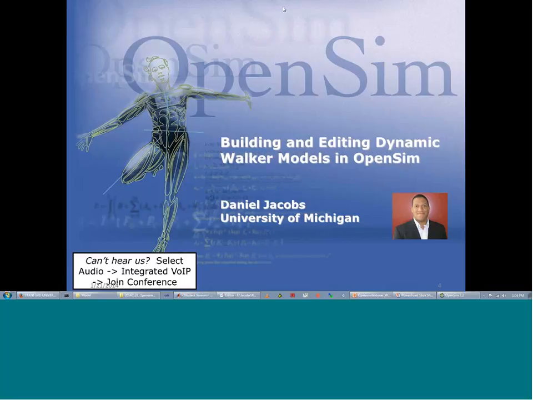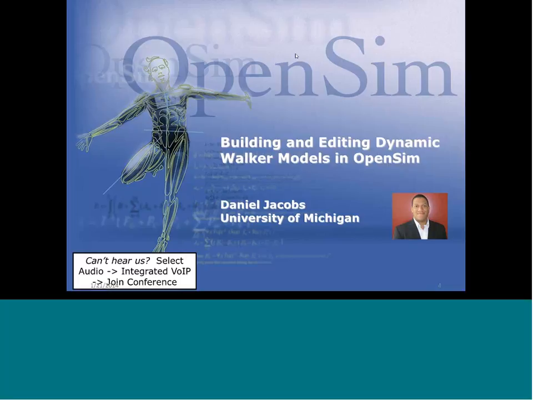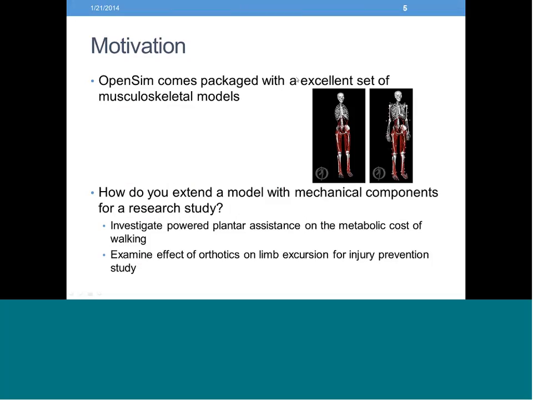So let's start by talking about. If you're familiar with OpenSim software, you know that it comes packaged with an excellent set of musculoskeletal models. But if you're like me, you might want to know how can you extend a model with mechanical components for your research study.